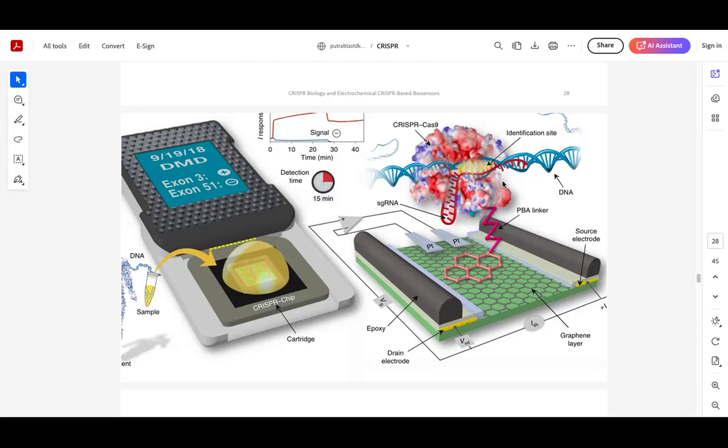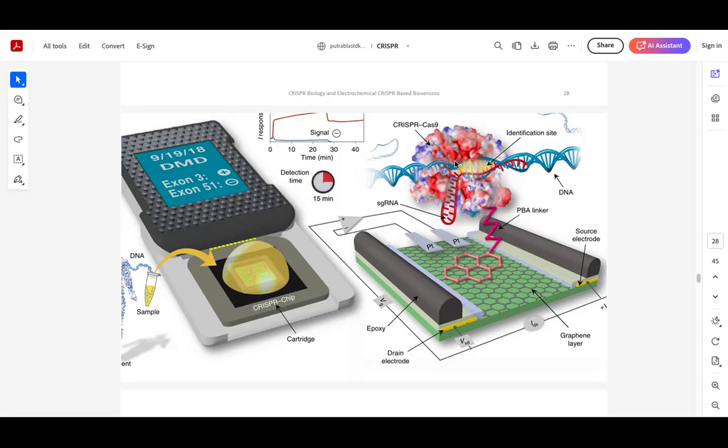So this is how it looks. This is the Cas enzyme combined with single guided RNA. This whole thing is called single guided RNA. And when it identifies a similar sequence, it can cut.